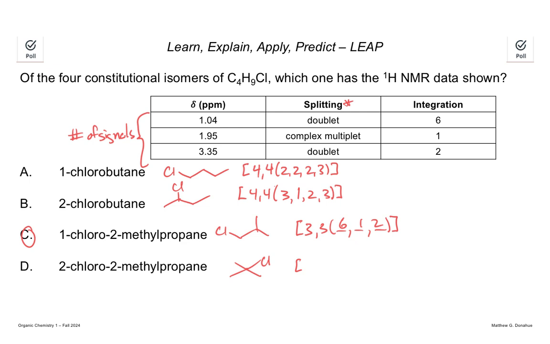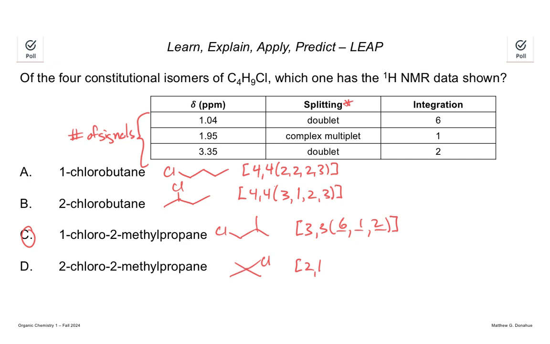So choice D, how many unique carbons does that have? 2. How many unique sets of H? Just 1. So now notice, again, those numbers are different because that central carbon no longer has H's attached to it.